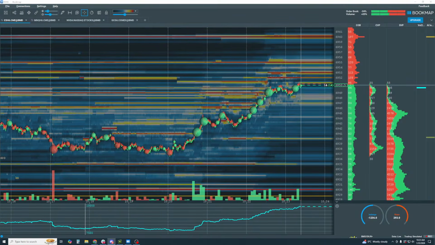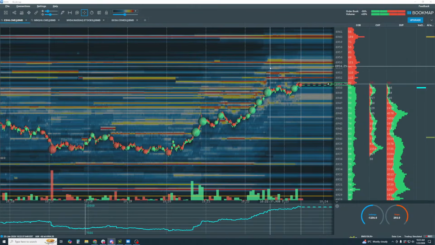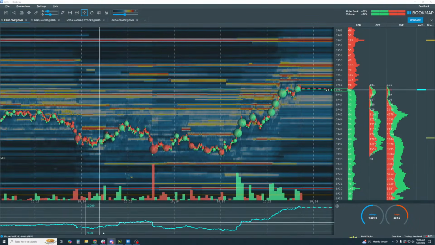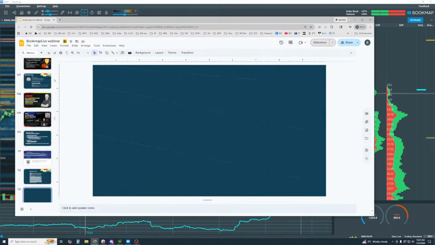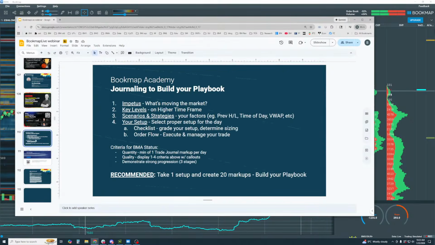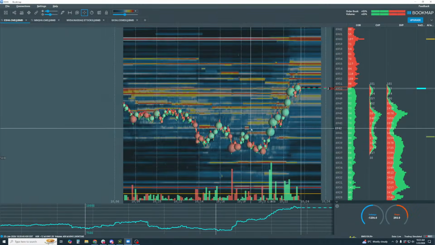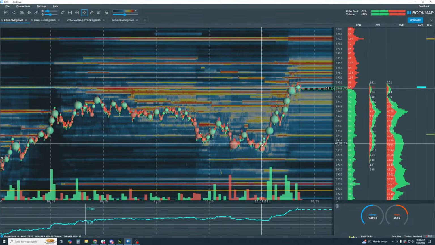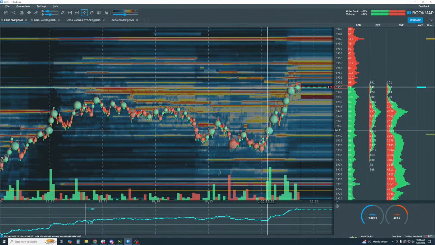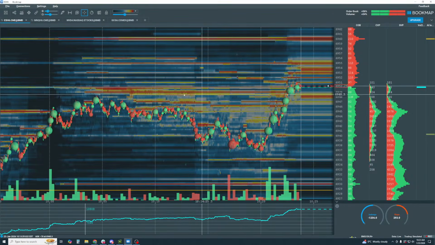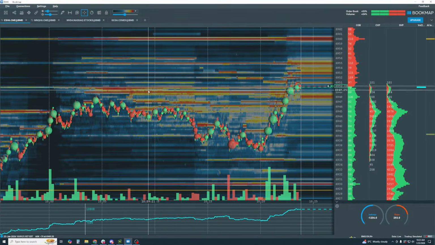Anyway, just wanted to cover going back again to our process here: impetus, key levels, scenarios and strategies, and your setup. That would have been, it's not really a reversal, but it broke structure. We look for the buyers to come in and take profit up at high liquidity.